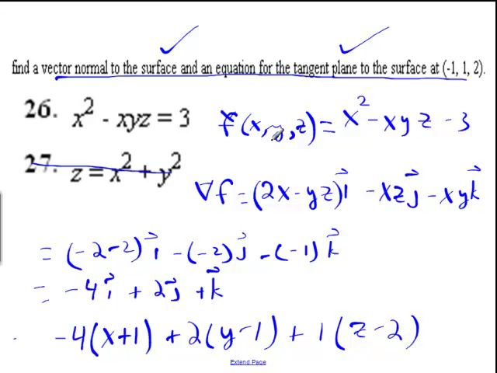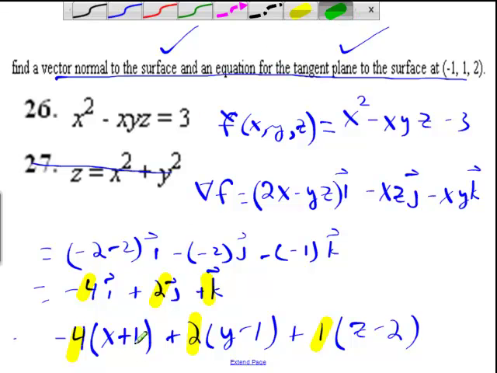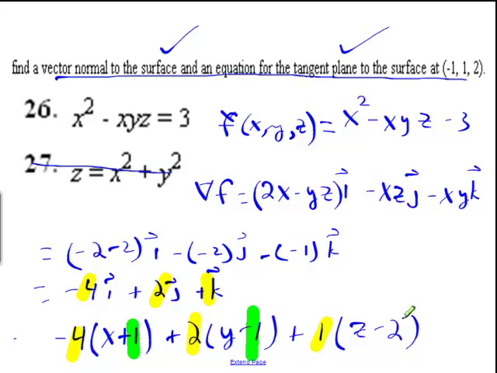And again, just so that we're clear, these values are coming from here, and these values are coming from our point.